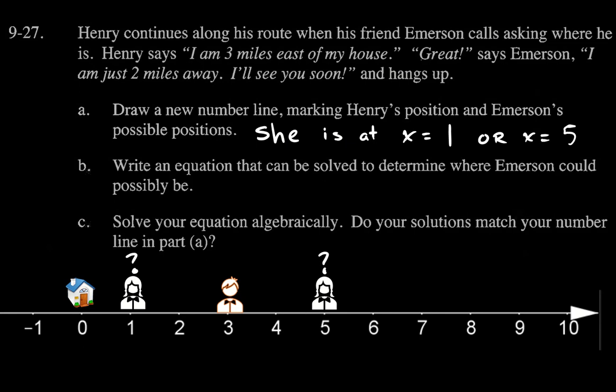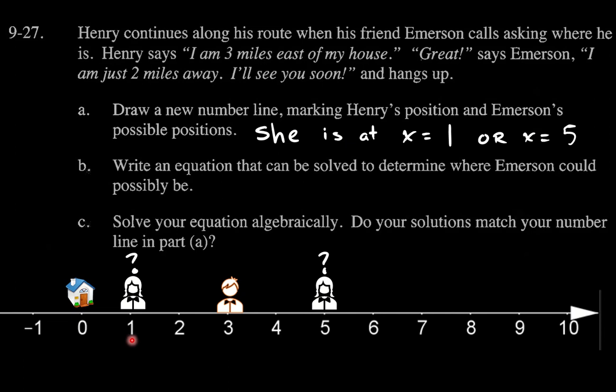So let me say this again. I'm looking at a difference between where she is. We're saying she's at x. So this could be the x where she's at, and this could be the x where she's at. The difference between her location, x, and his location, 3, is 2 units. Well, if I want to show a difference between things, that's subtraction.